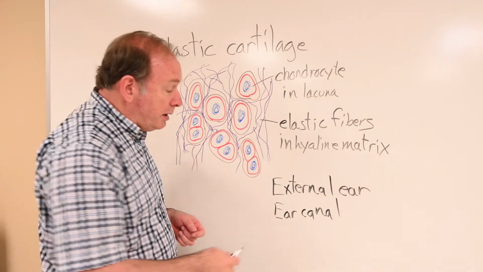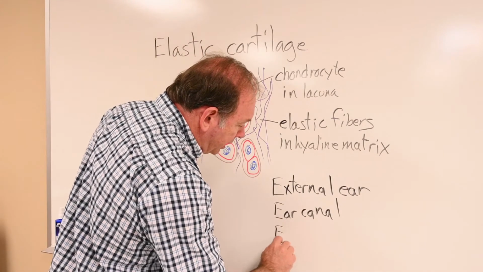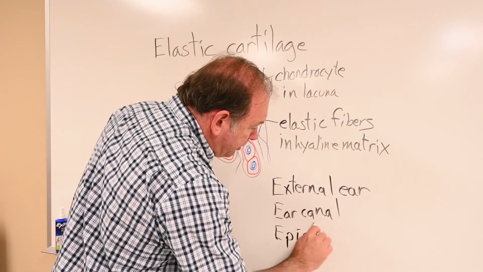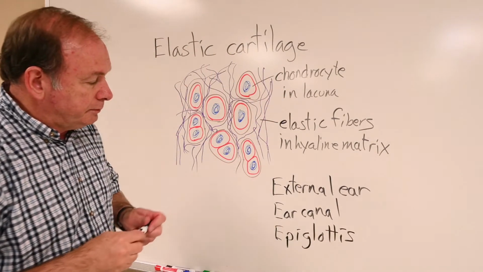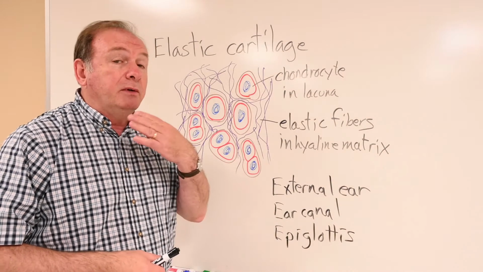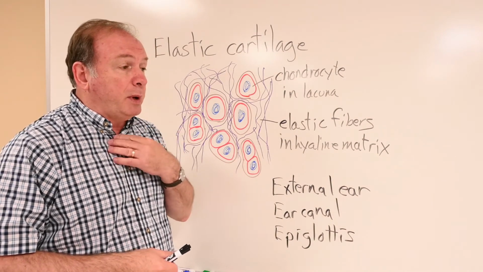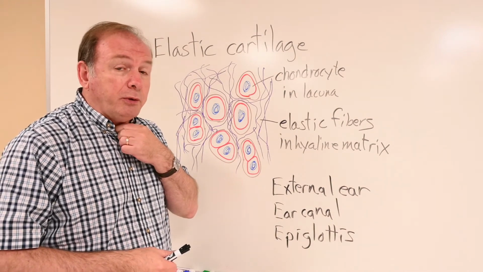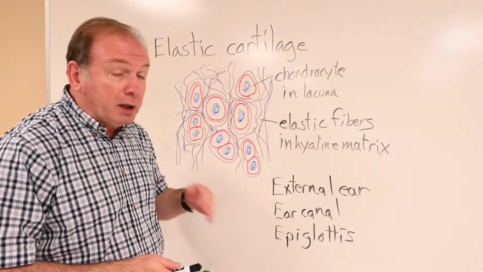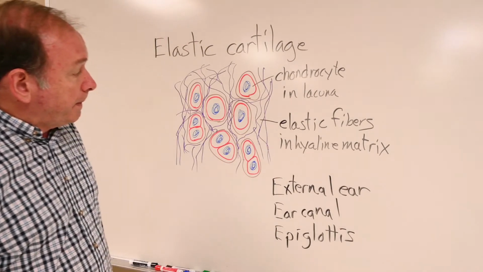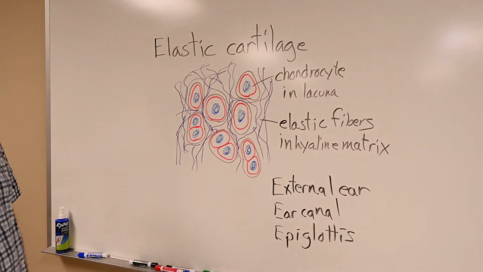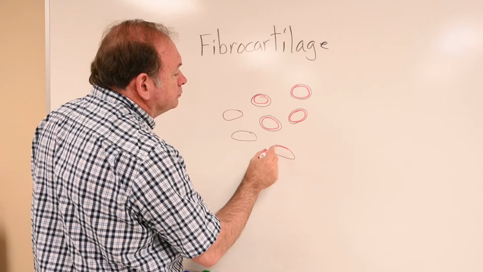And it can be found also in the epiglottis, which is a small flap that covers your opening to your windpipe when you swallow. So your throat goes up and pushes against that epiglottis flap so food doesn't enter when you swallow. So those are three locations where you find elastic cartilage.